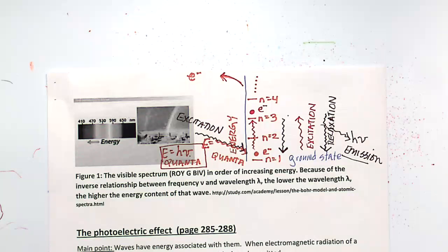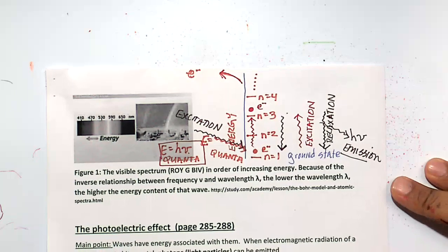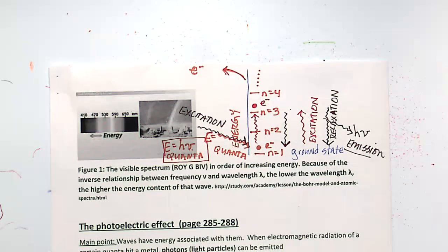As it relaxes, this is emission in the visible region, ROYGBIV, of the electromagnetic spectrum. So that is the photoelectric effect: excitation, relaxation back to ground state. As it relaxes, it emits. So for an excitation, there's emission.